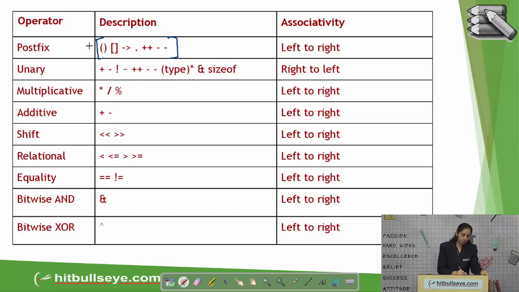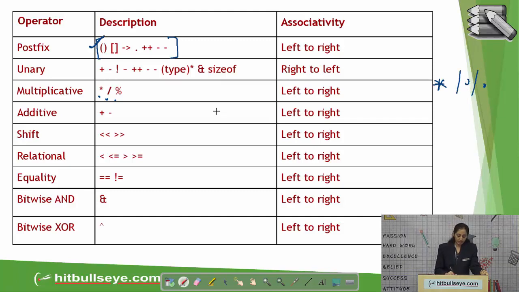For example, we use first the brackets, then the decrement operators. Similarly, in the case of multiplicative operators, the associativity goes left to right. So if all three are in the same expression, we first solve this operator, then this operator, and then the modulus operator.